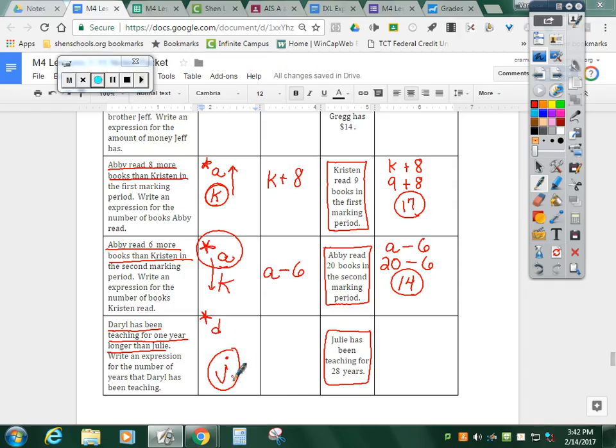I'm going from the person with the lower teaching experience up to the higher, so I'm going to add 1, because Daryl's been teaching 1 year longer than Julie. So J plus 1. I evaluate it and give J the value of 28 plus 1, which tells me that Daryl's been teaching for 29 years.